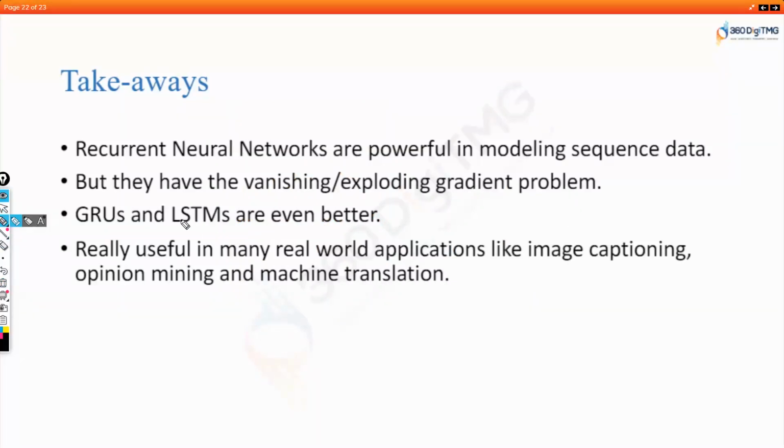So those are the things that exist. And of course, you have advanced algorithms such as LSTMs, GRUs, bidirectional LSTMs, bidirectional GRUs, deep bidirectional LSTMs, deep bidirectional GRUs, one-dimensional convolutional neural networks. And then you have RCNN models, fast RCNN, faster RCNN, mask RCNN, region-based convolutional neural networks, which are used for object detection.